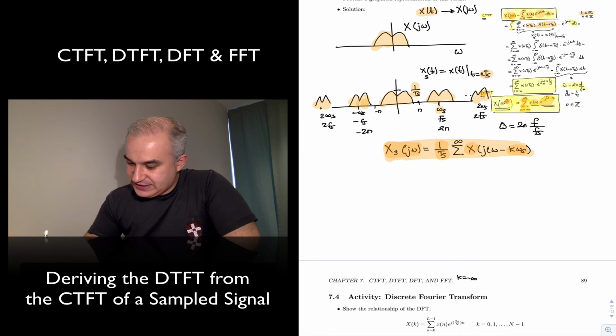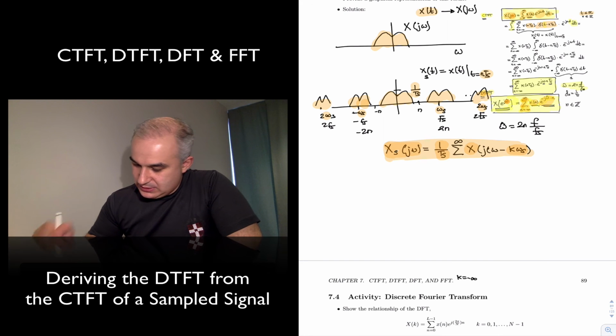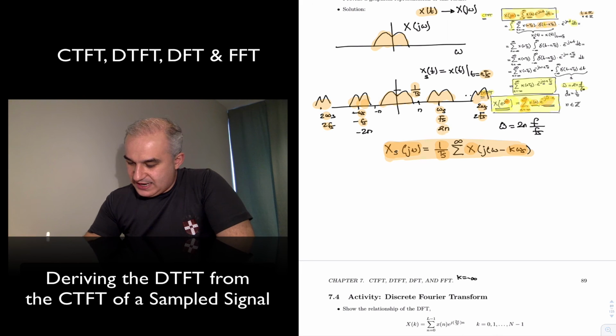This is the sampling frequency in radians, or the sampling frequency in hertz, or the normalized, this will be 2 pi.